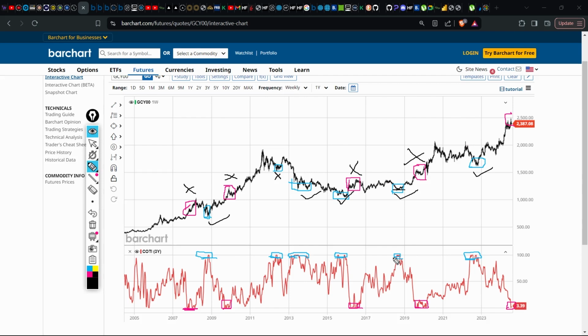These are long-term long positions. You can start loading up because price is about to form a bottom. As you can see, all these bottoms, they were all right.